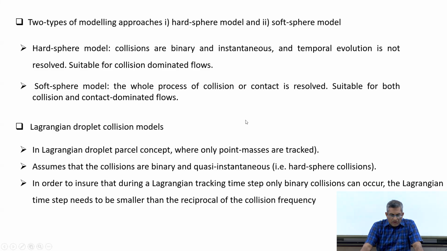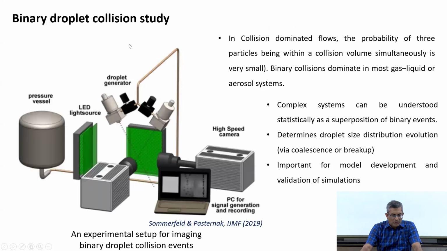Now at this point you would have heard the term binary collision. Why are we always invoking binary collision? It is important to understand what is meant by it. In collision dominated flows, the probability of three or more particles being within a collision volume simultaneously is very small.